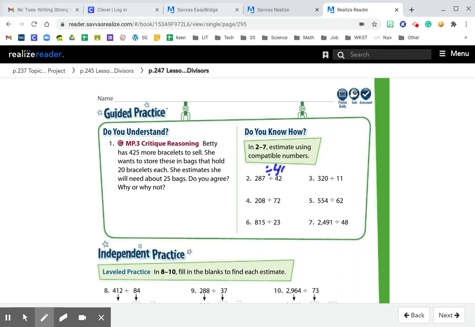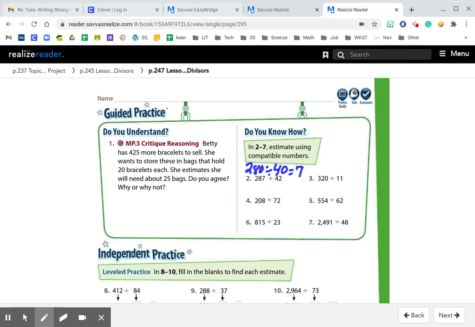So I'm going to round that to the nearest 10, and then I can round 287 to a number that 4 will go into. So when I'm looking at my multiplication chart, or if I'm skip counting by 4s, I know 4 goes into 28. So I'm going to do 280 divided by 40. And I'm going to do it that way. So 7.